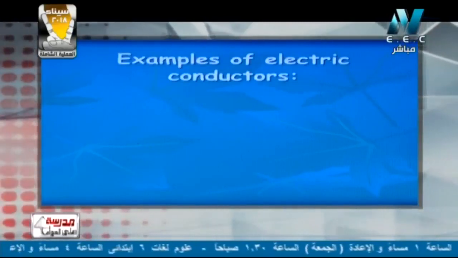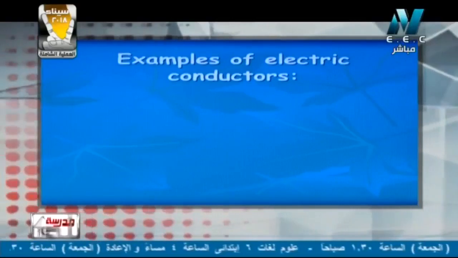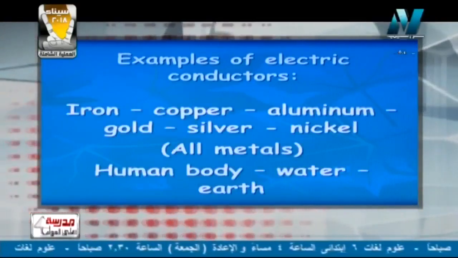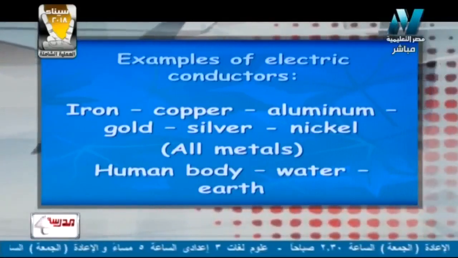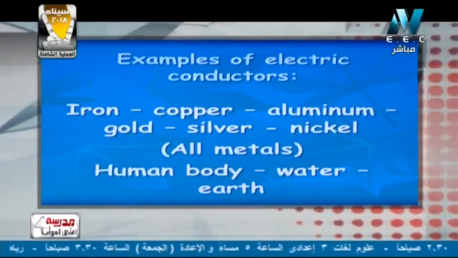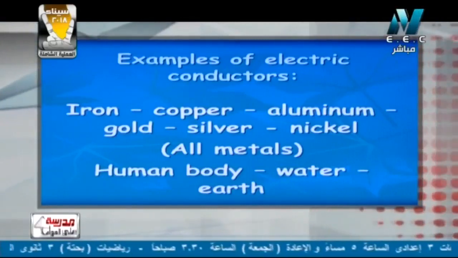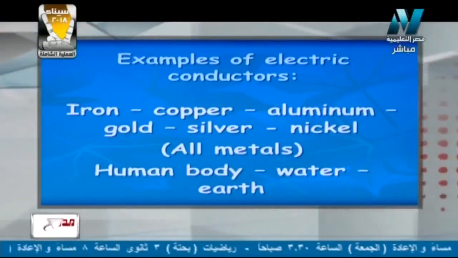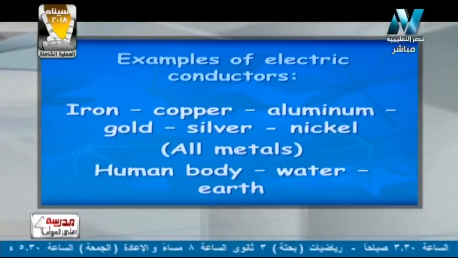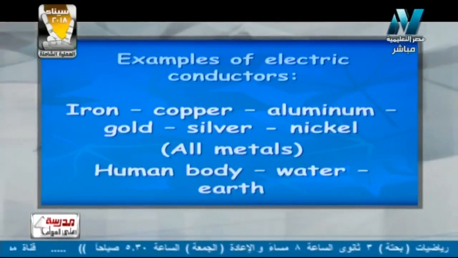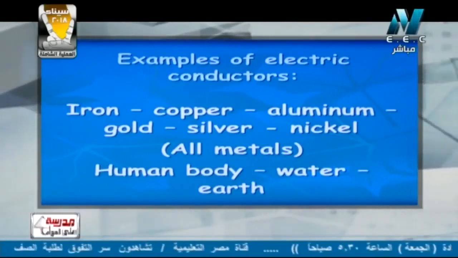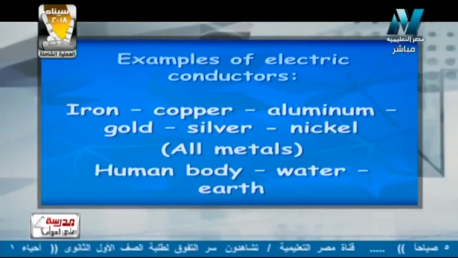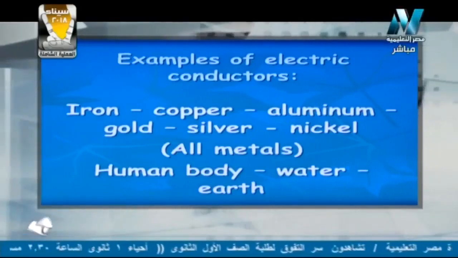So what about the examples of those conductors? عندي example كتير جدا من الكوندكتور such as iron, copper, aluminum, gold, silver, nickel, or I can abbreviate them in all metals. كل المعادن هي مواد توصل الكهرباء. And also the human body, that's a surprise، جسمنا برضو بيوصل الكهرباء. Water، مع ان الووتر اصلا المفروض تبقى باك كوندكتور او انسيليتور، لكن الووتر فيها salts، فيها املاح، فشور هي هتوصل الكهرباء.